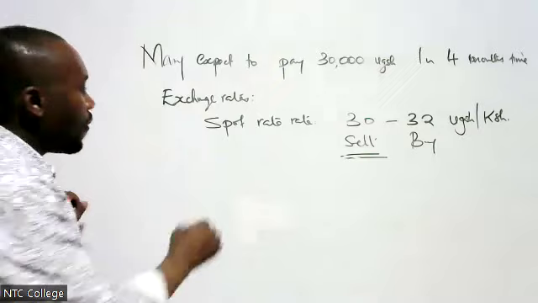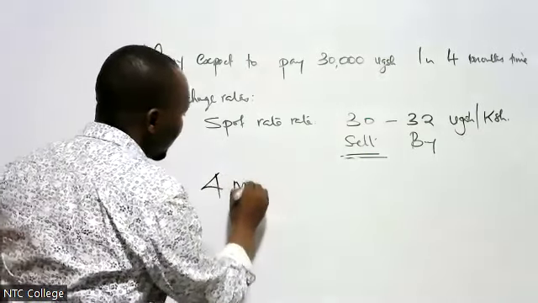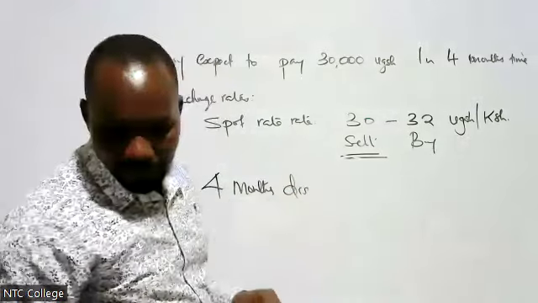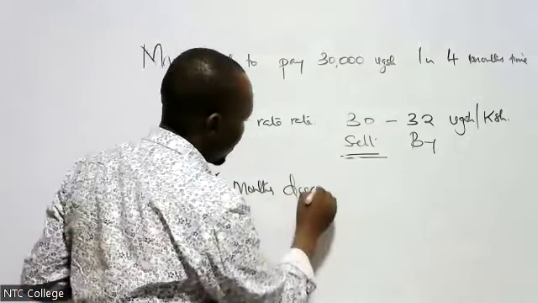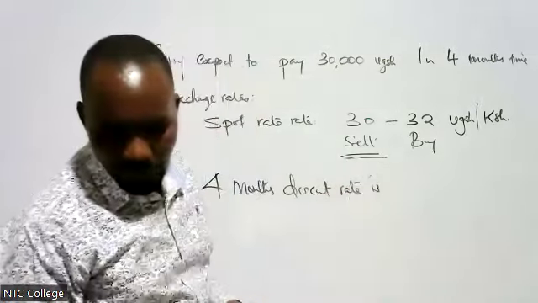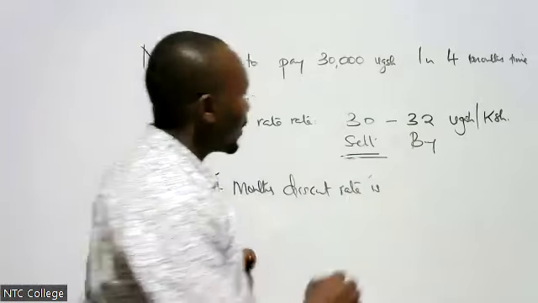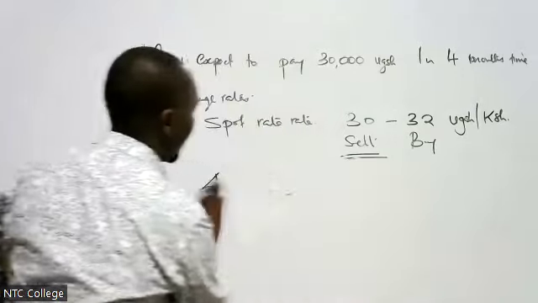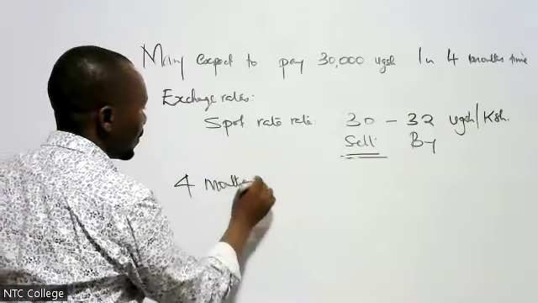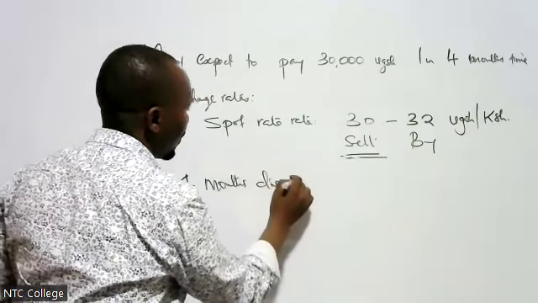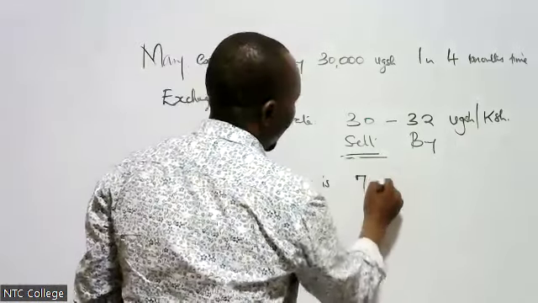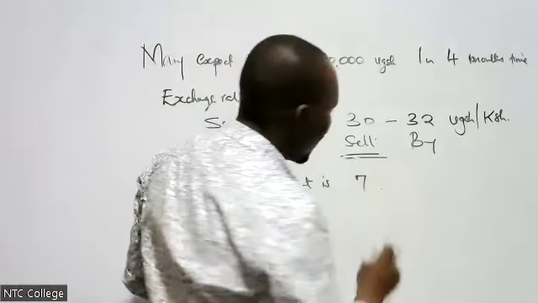So the examiner says that in 4 months time, the 4 months discount rate is 7 to 8.